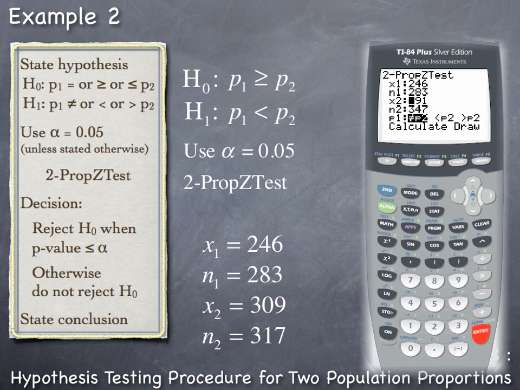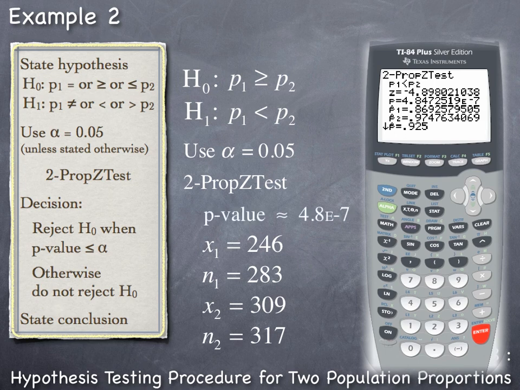Enter. x2 equals 309. Enter. n2 equals 317. Enter. Now H1 contains the less than inequality, so I arrow over to less than, press enter to select, and then down arrow to Calculate, where we press enter and it calculates the p-value.